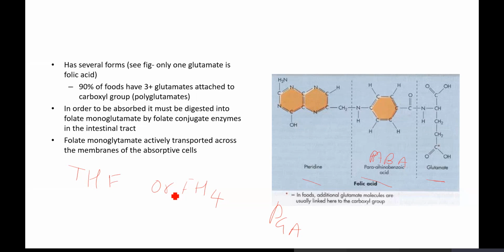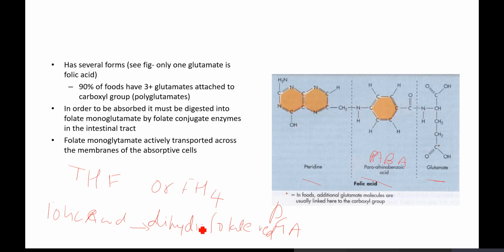It is synthesized from folic acid by the enzyme dihydrofolate reductase. So you need this enzyme for the synthesis of tetrahydrofolate, which is the most active form of folic acid.